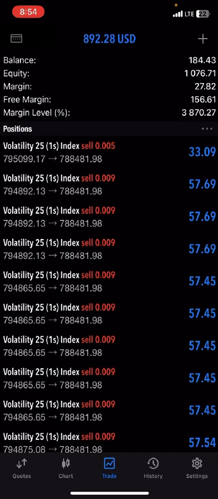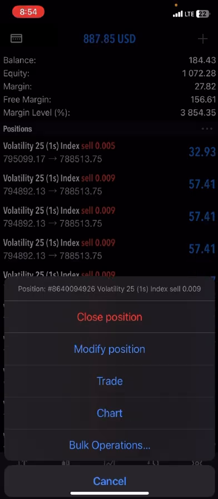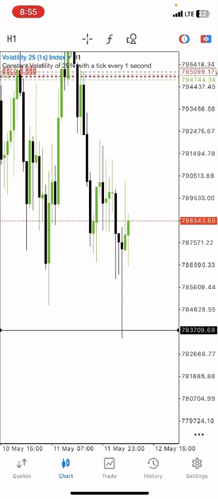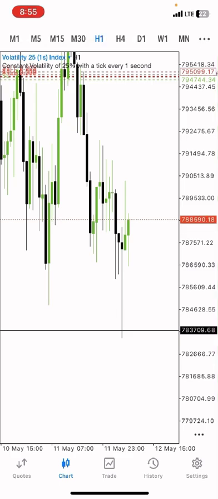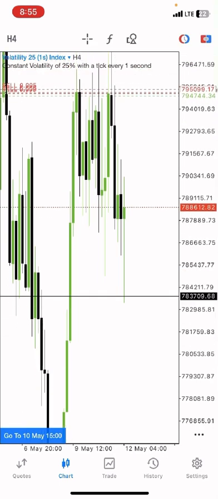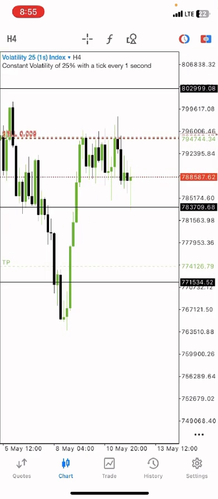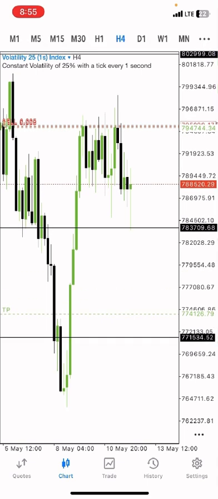I did this analysis yesterday while I was in a live class session with my team, where I told them the market would be dropping. VIX 2518 will be dropping because we have a lot of levels below that the market wants to fill up before the final move. So we're actually expecting the market to do exactly what we said, and the market gave us an opportunity to jump in and make some profits.